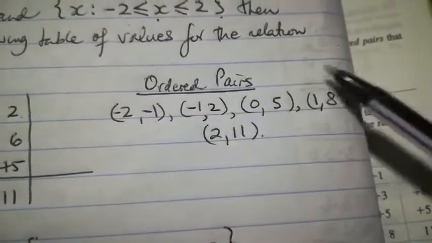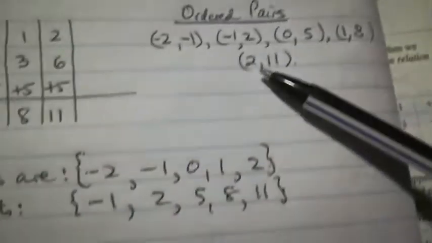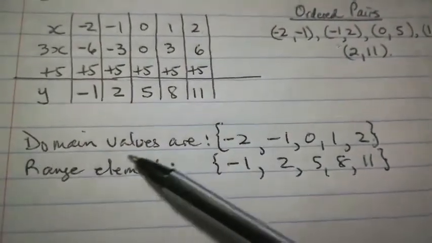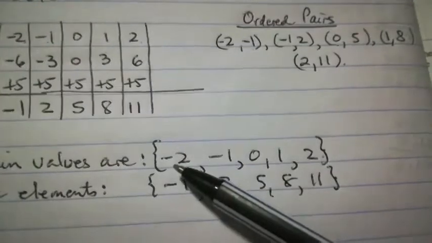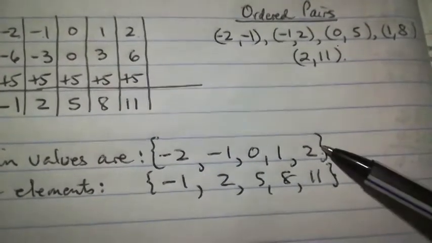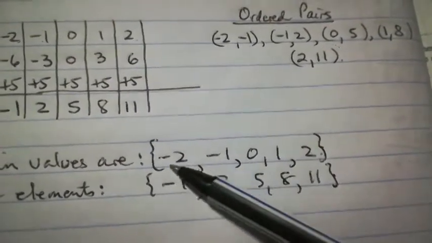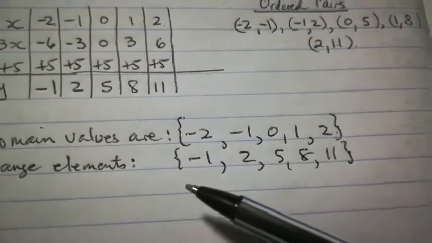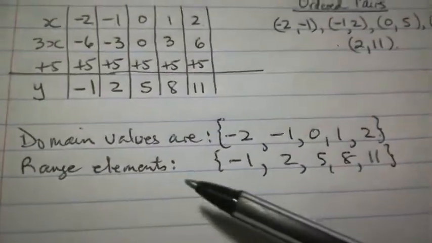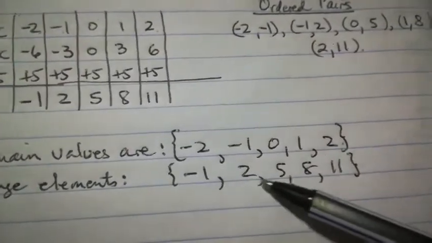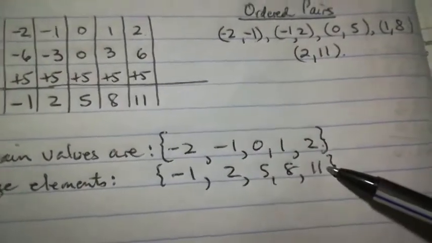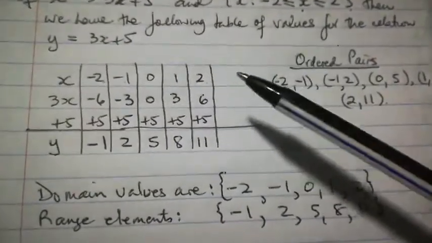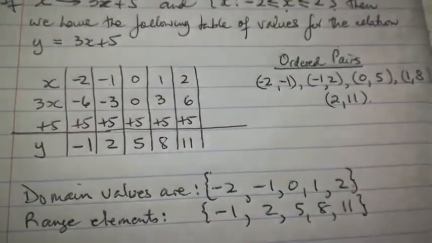So the domain elements are the values of x, which are -2, -1, 0, 1, and 2. The range elements will consist of -1, 2, 5, 8, and 11. So this is the basic introduction to functions and relations, right?